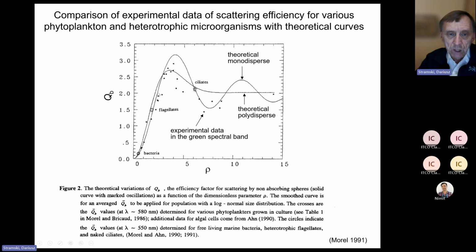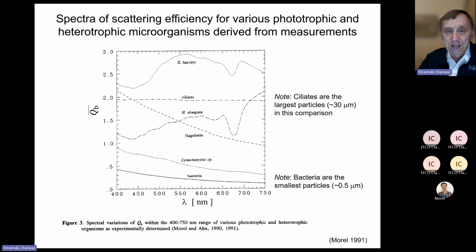The spectrum extends from the red, around 1, to the blue edge of the spectrum, which is about 2 for flagellates. But we are still on this ascending slope, and there is more scattering in the blue than in the red. And let's move on to the next species.